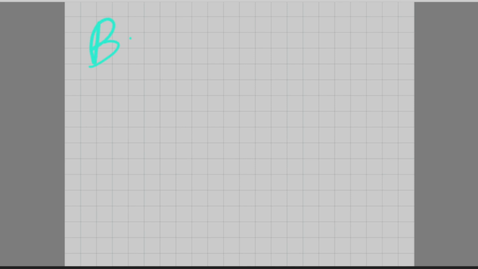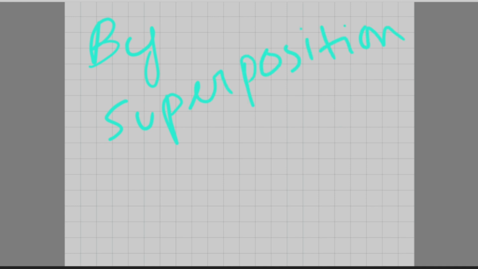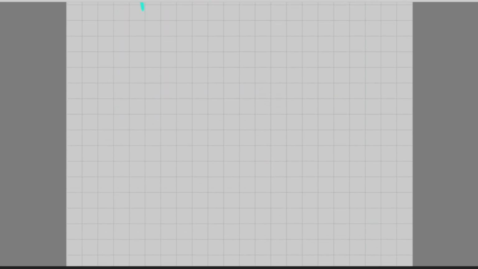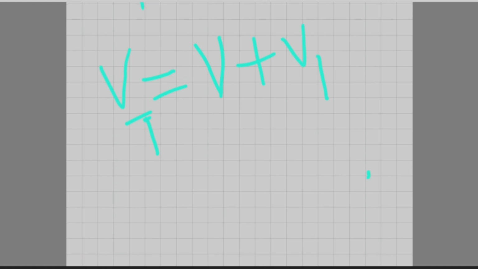So by superposition theorem, the voltage will be equal to V plus V1, which we have found in this video.